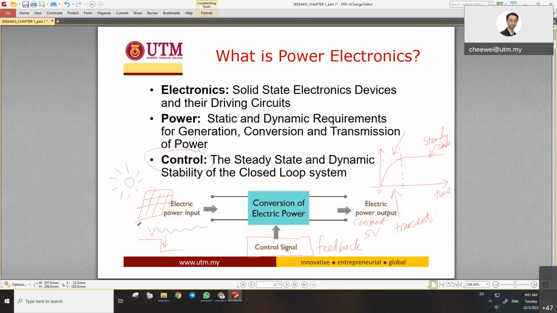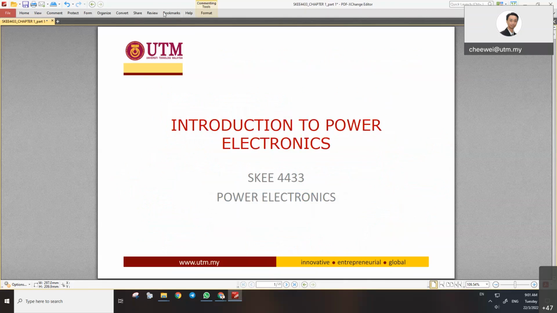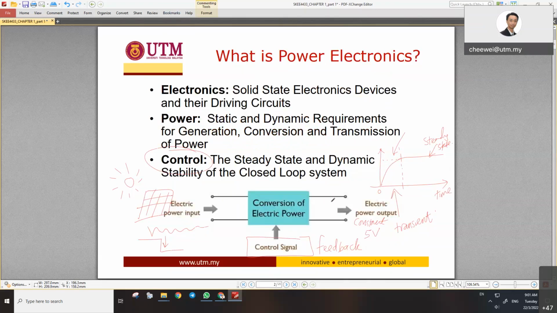So who is doing the control basically in today's systems? We are using everything digitalized. We are using processors, digital power, DSP, digital signal processors. So everything is digitalized. So what is power electronics? Power electronics basically refers to anything dealing with electronics at the scale of power systems that involves control.